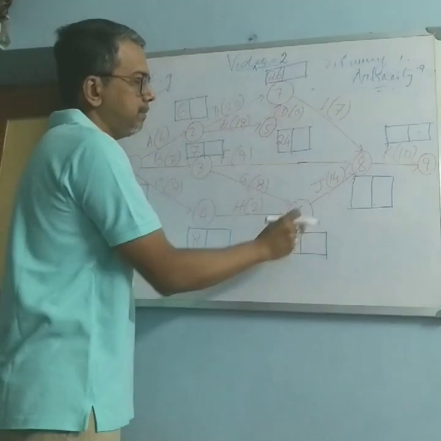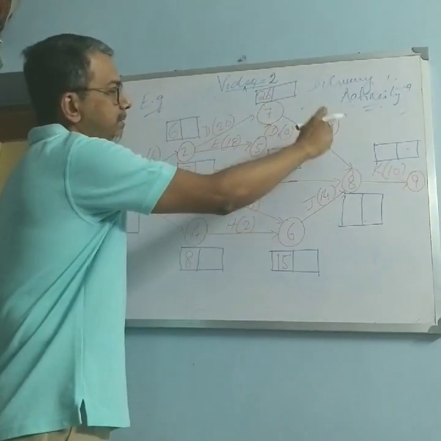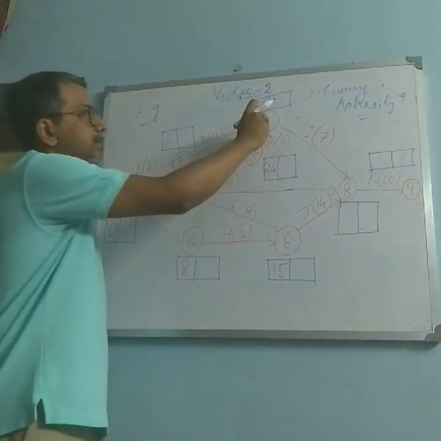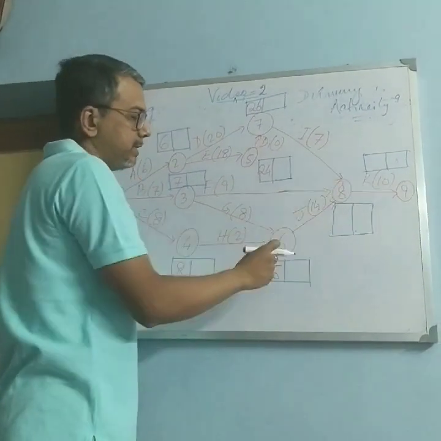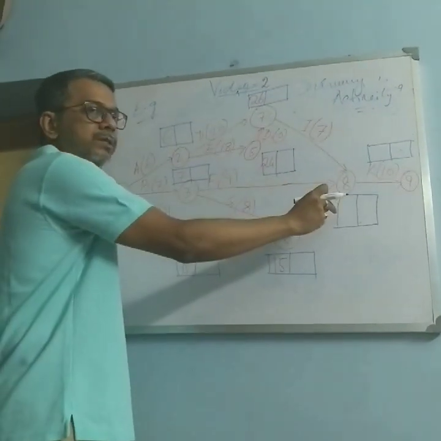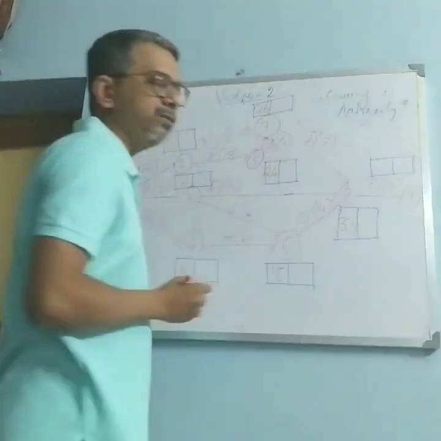Then 6. 15 plus 14, 29. 26 plus 7, 33. So which one is the maximum? The maximum is 26 plus 7, that is 33. So write down 33.